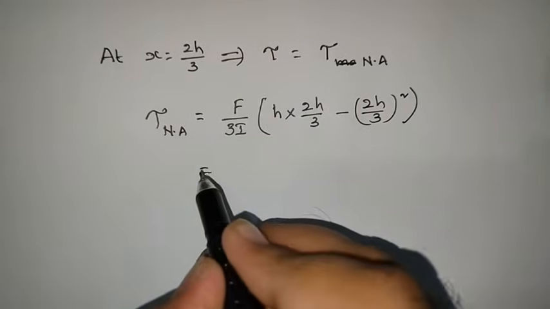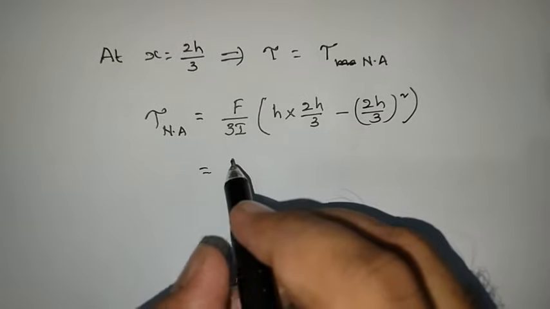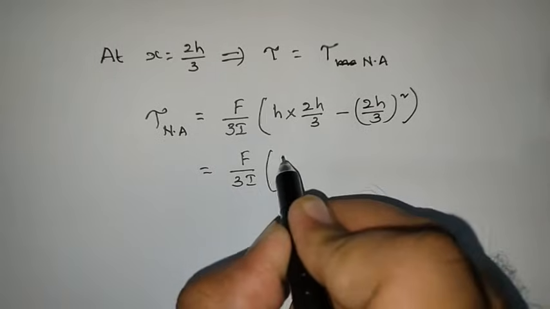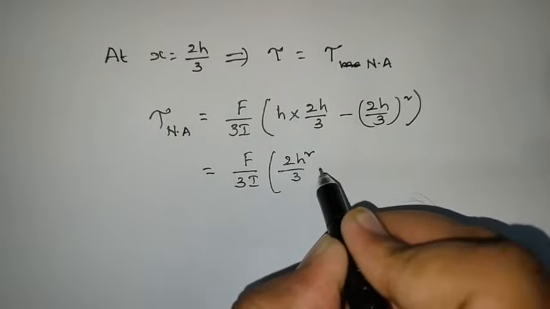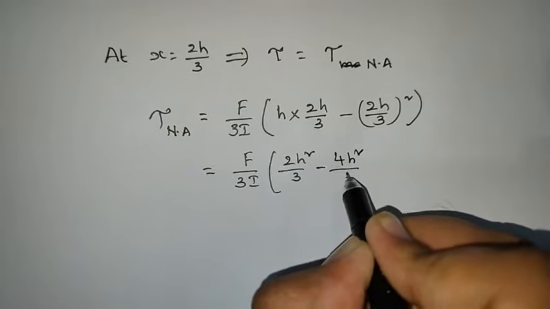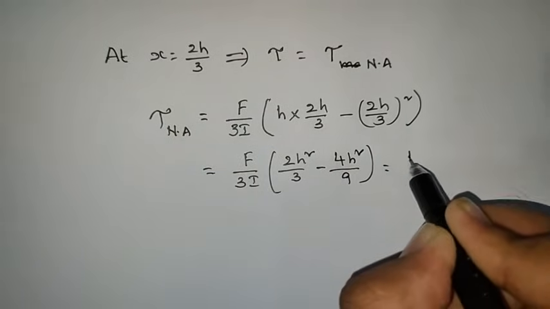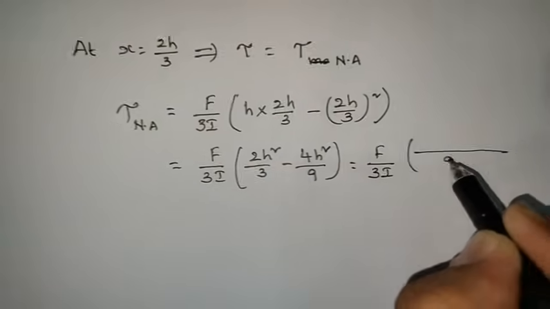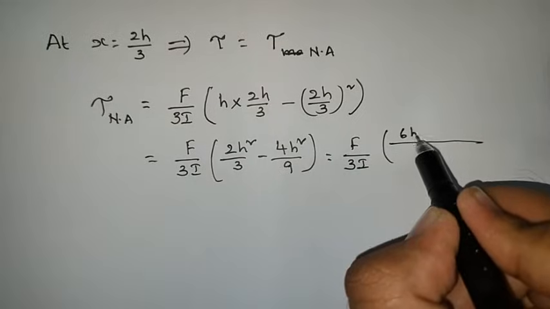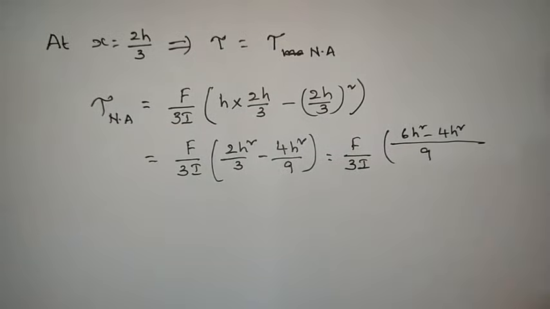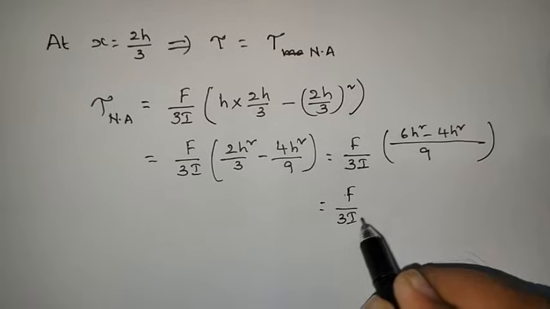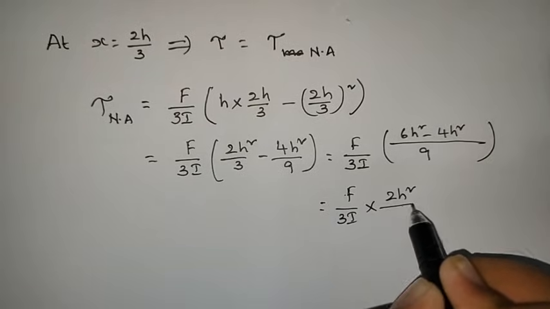So that equals F by 3I into 2h square by 3 minus 4h square by 9. So that equals F by 3I into, LCM is 9, so 6h square minus 4h square by 9. So that equals F by 3I into 2h square by 9.